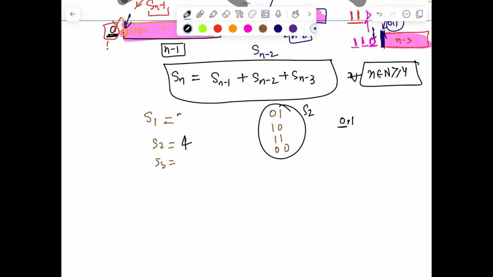S1 has only two strings, 0 and 1, and it's not three consecutive ones anyway, so S1 is 2.